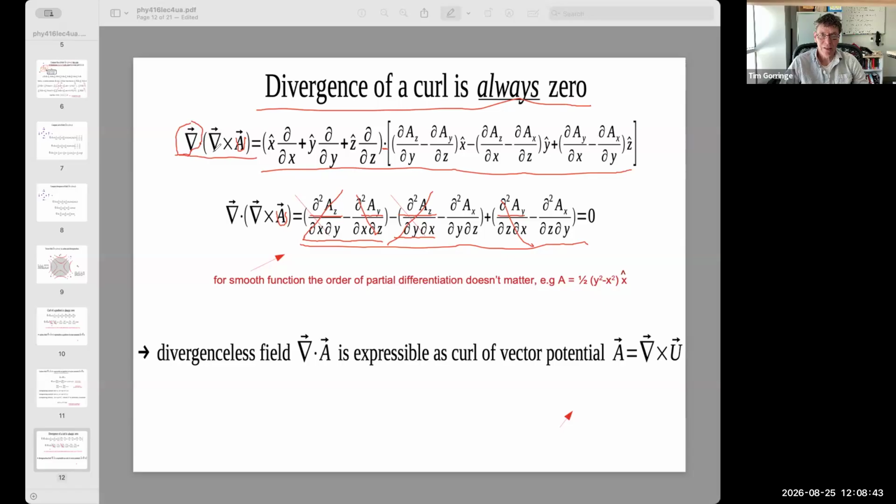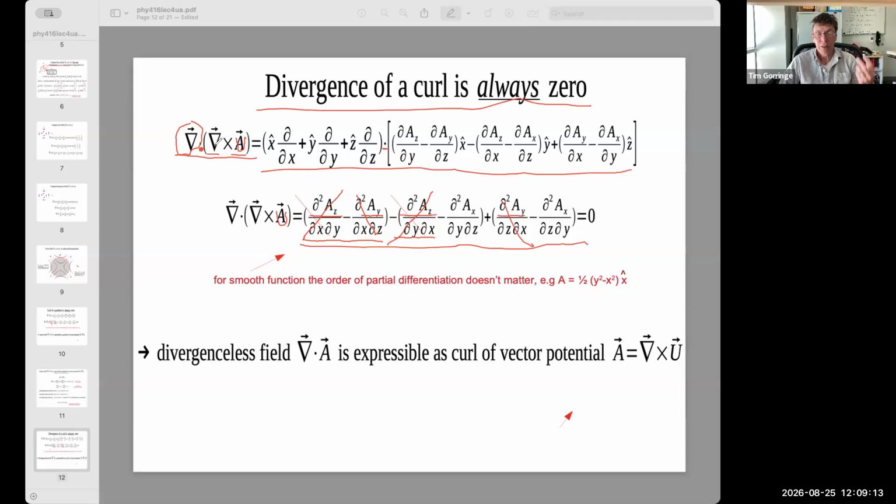I am taking its cross product with the field A. The resulting cross product, so del cross A, is also a vector, and it points perpendicular to del and perpendicular to A. So del cross A is perpendicular to del itself.